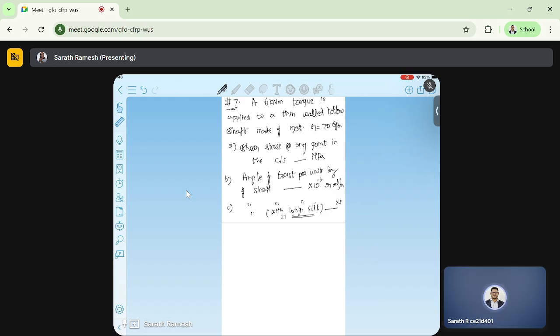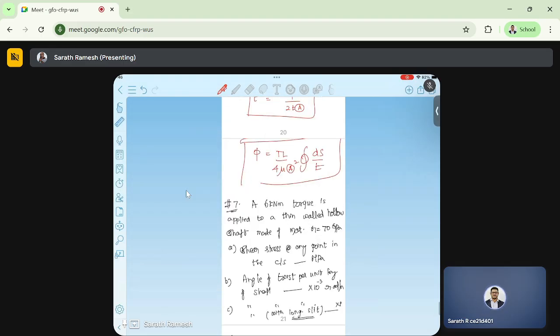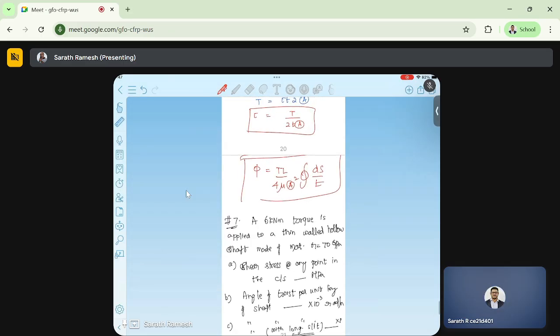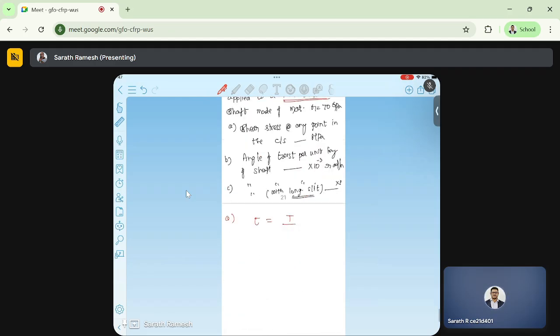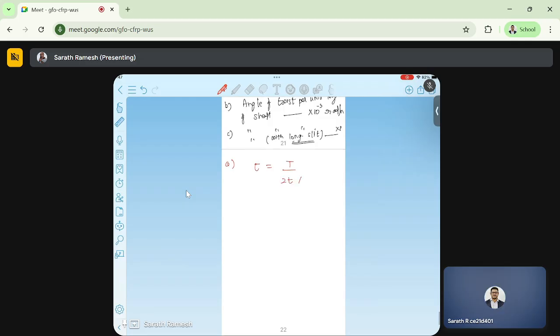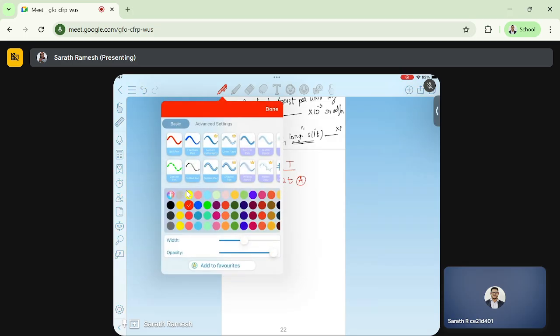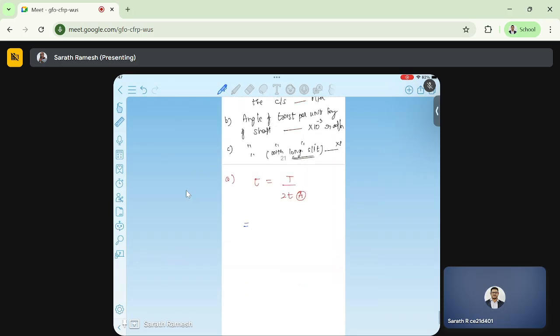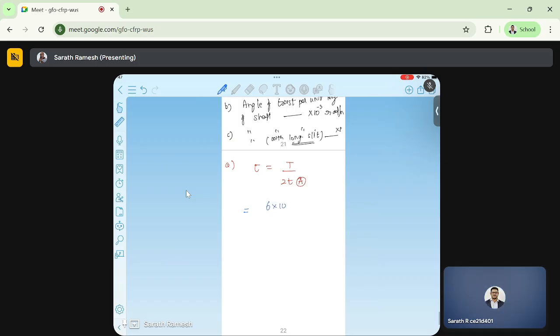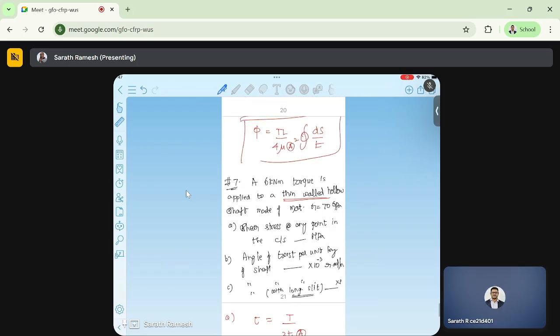Now, as I said before, we just saw the shear stress formula for thin walled sections will be tau equals T divided by 2T times the area enclosed. So this T is 6 kilonewton meter, 2 times thickness.